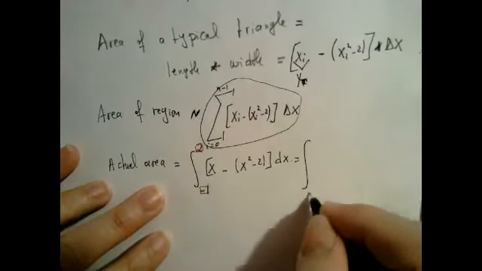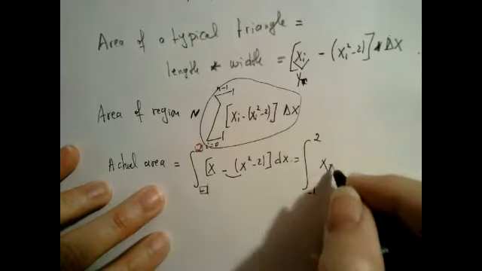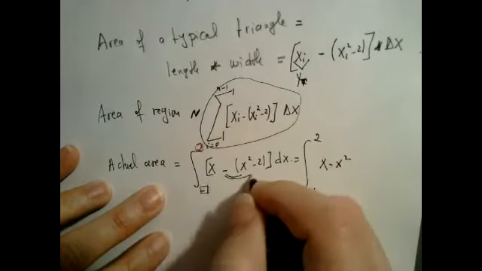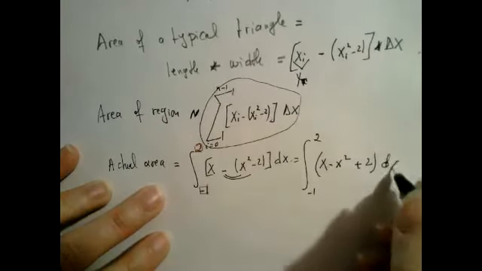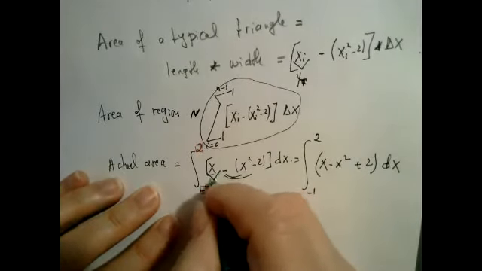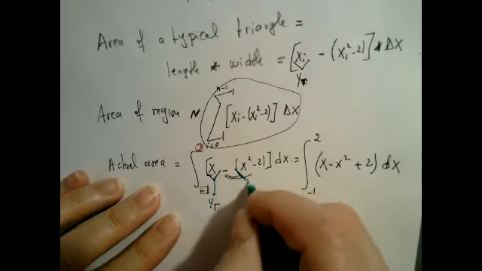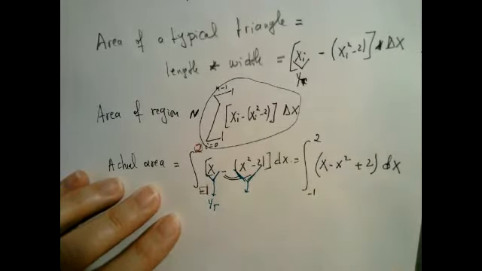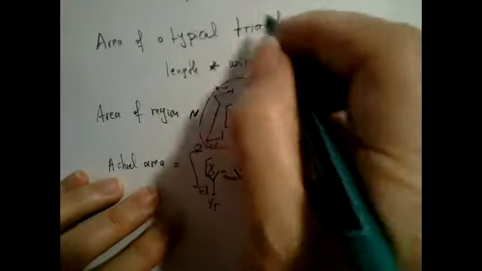So that's the integral from -1 to 2 of x, now I distribute the minus, x squared minus... plus 2, dx. And always remember that this piece is the top curve. So that's really the formula, if I don't ask you to do the typical triangle, I meant rectangle here.